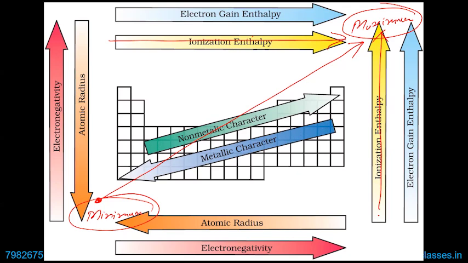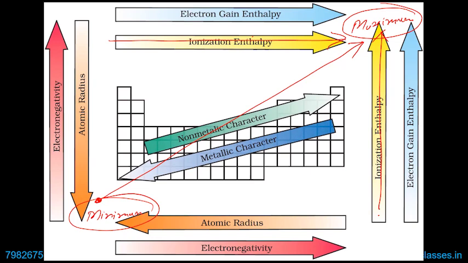Obviously there are reasons for those exceptions. Exception does not mean it is an exception without any reason. For example, it might be a fully filled or half filled configuration. Or for most of the elements in the second period towards the right side, there is no d orbital. In the absence of a d orbital, the excited electron cannot move to the next orbital.